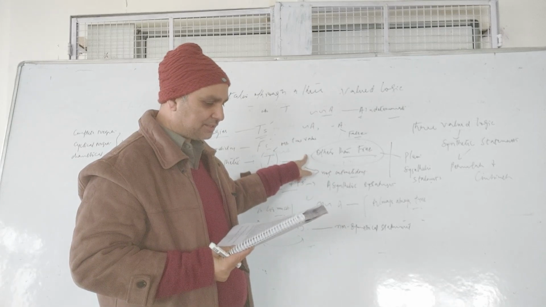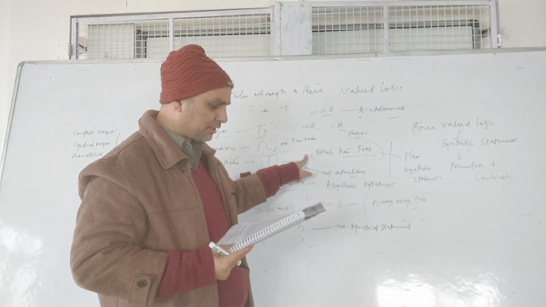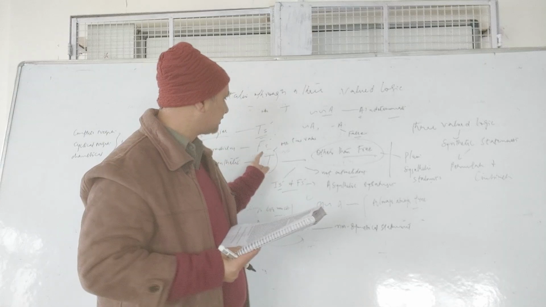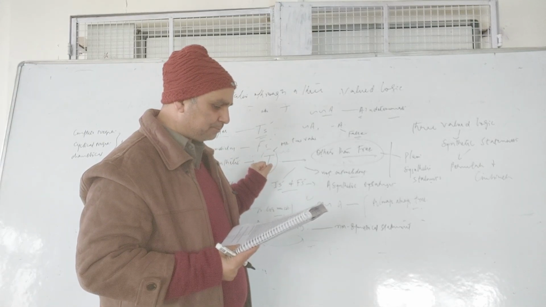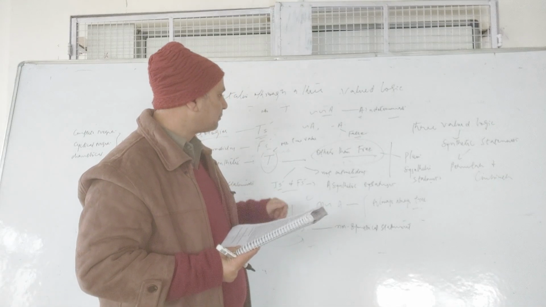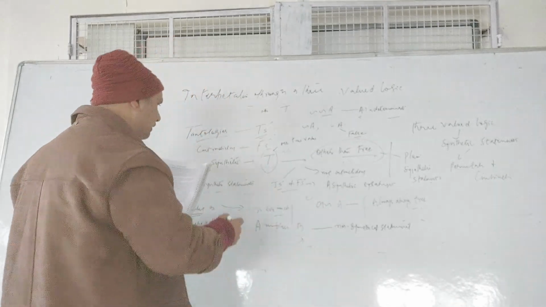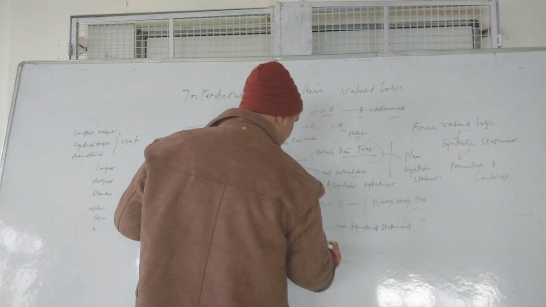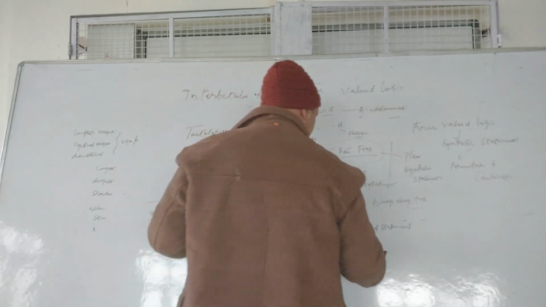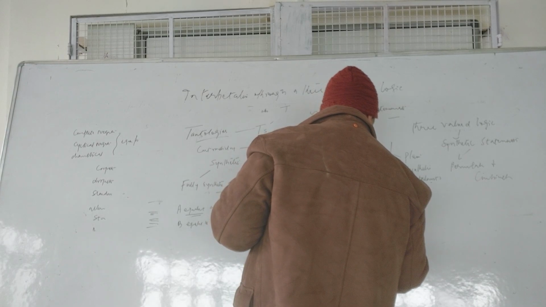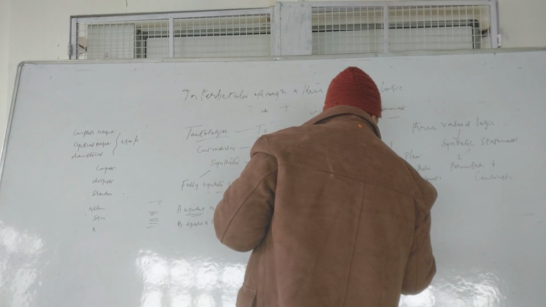You can have sometimes false. You can have synthetic statements in two-valued logic. But if they are true and sometimes false, this is called a semi-synthetic statement.